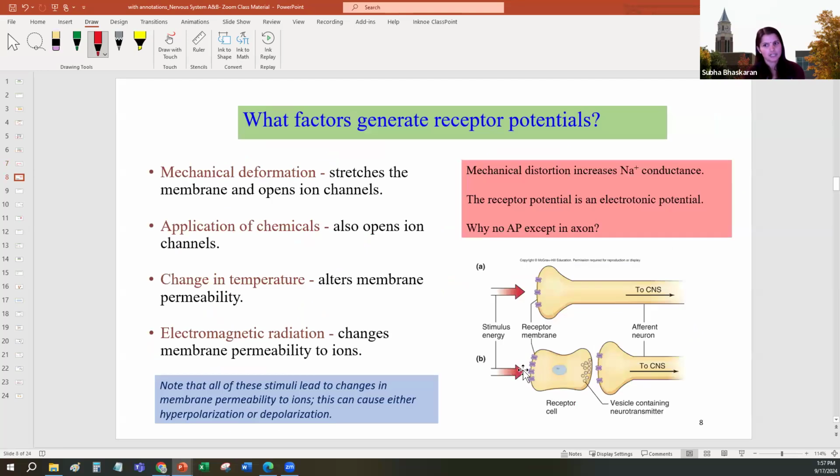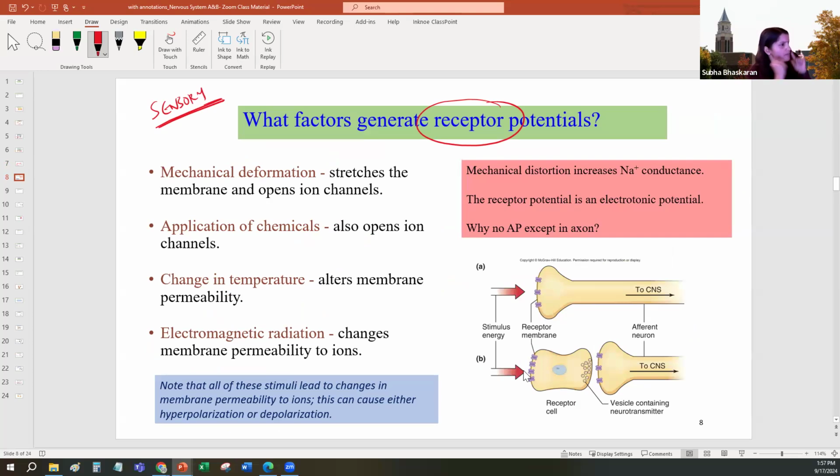So what factors generate receptor potential? So here, as you can see, receptor here, we are moving on to the sensory portion. The sensory receptors, they all are triggered by changes, yes or no? If you're hearing me talking, which means your hearing receptors are changing their potential, yes or no?